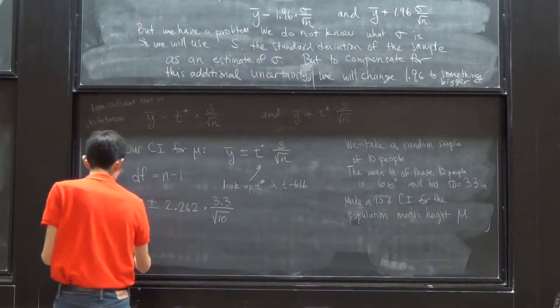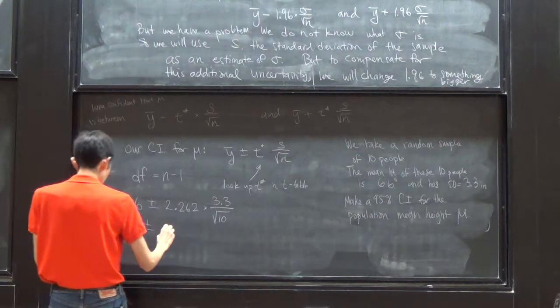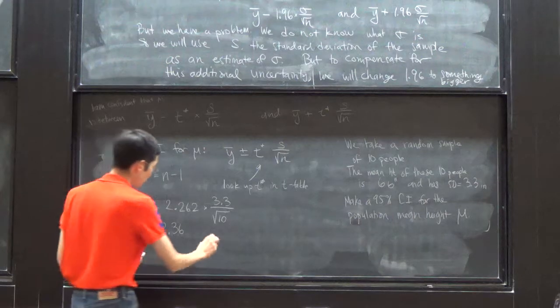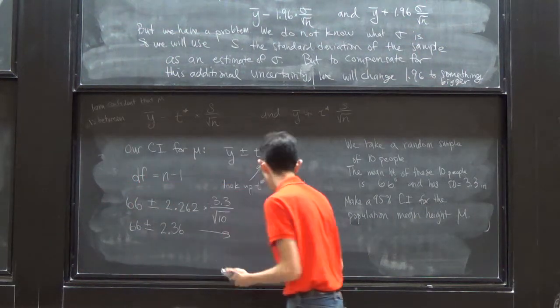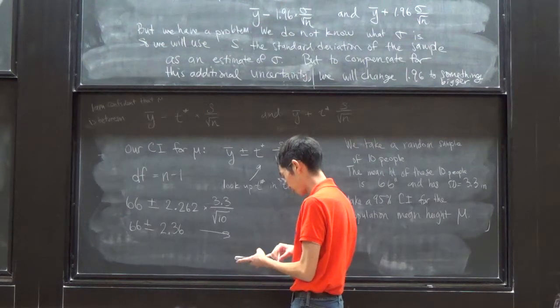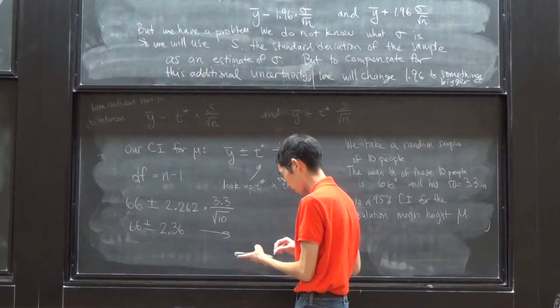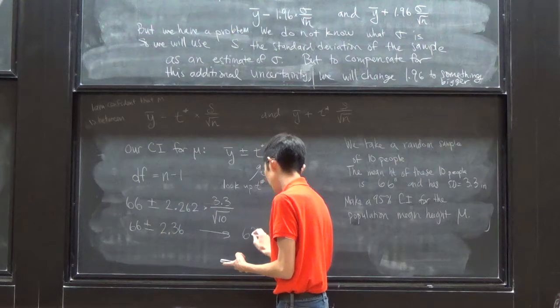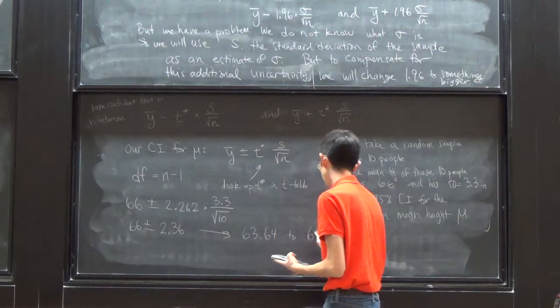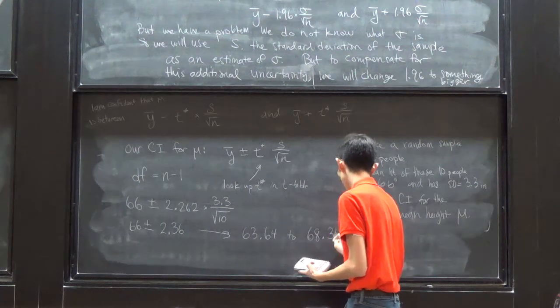So I have 66 plus or minus 2.36. And so my confidence interval, I would say, goes from 63.64 to 68.36.